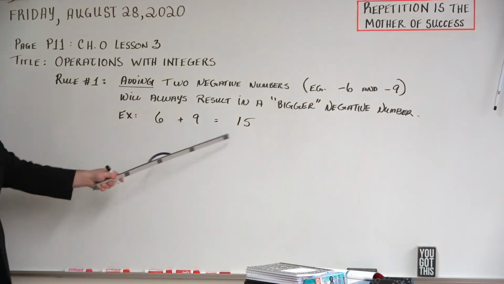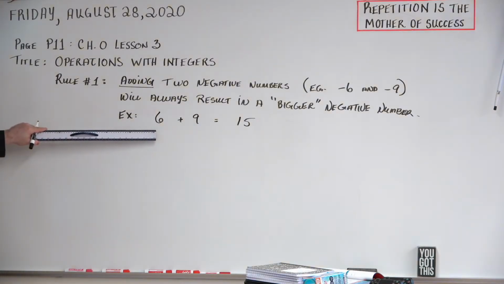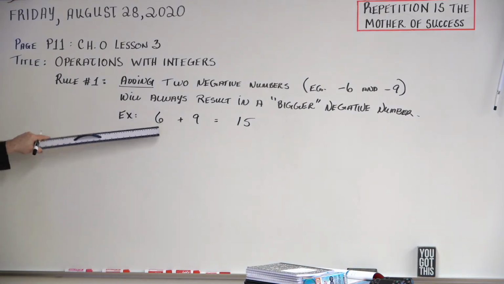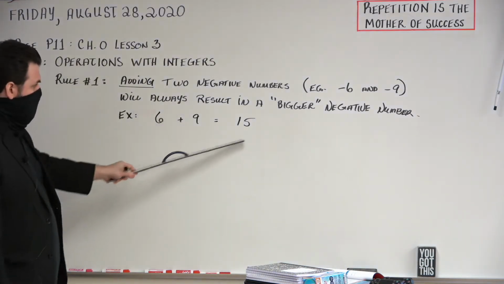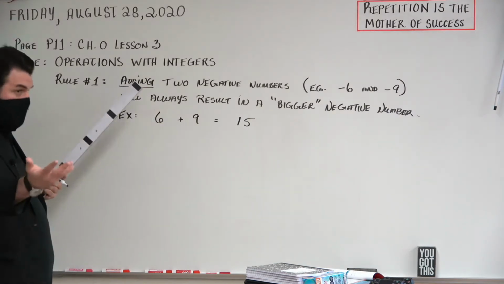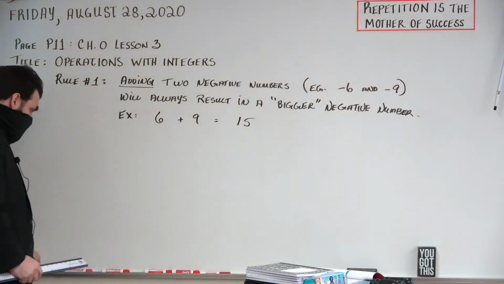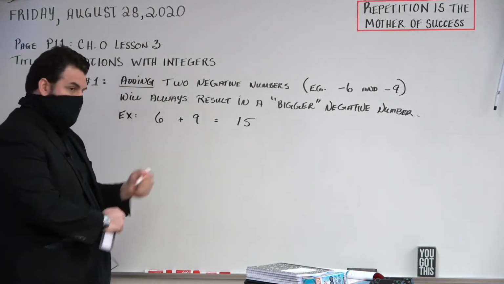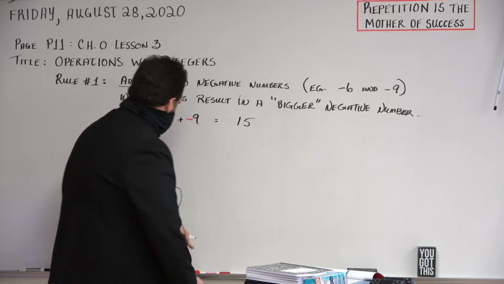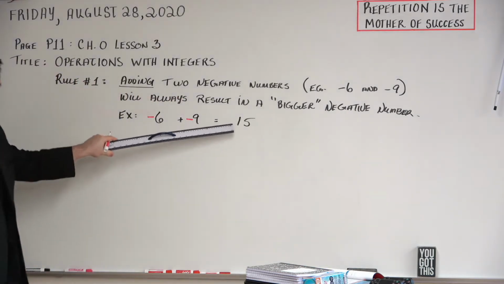It's always the case that the numbers that make up the addition are both smaller than the number they add to be. The same thing holds true for negative numbers. Let's just add a negative sign. Negative 6 plus negative 9 equals negative 15.